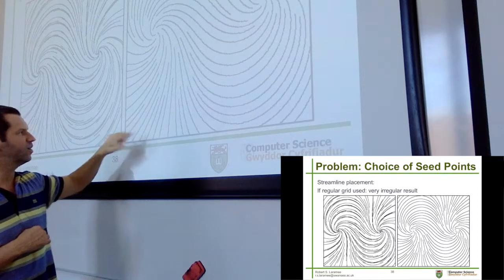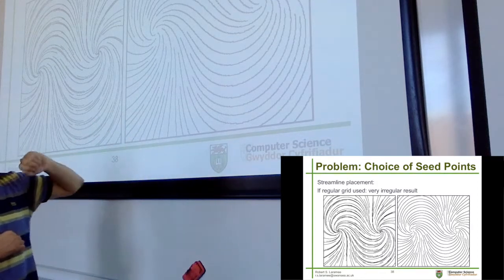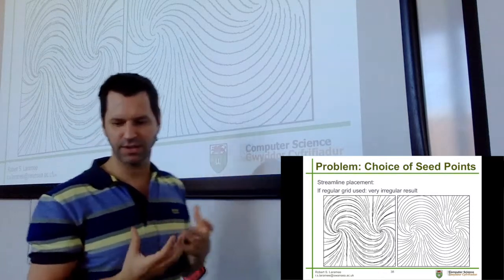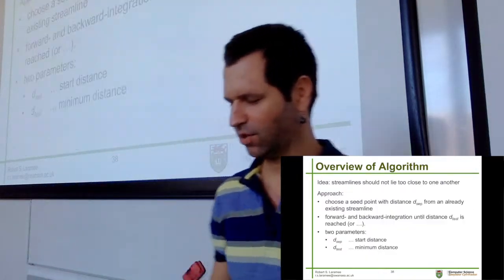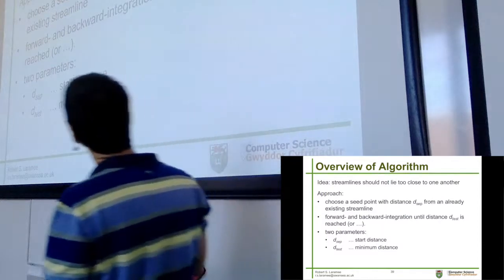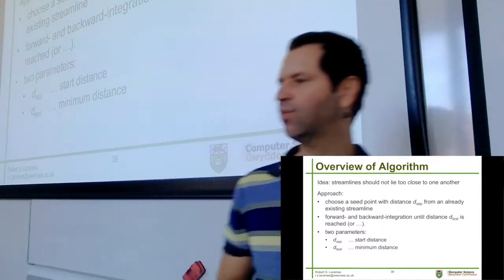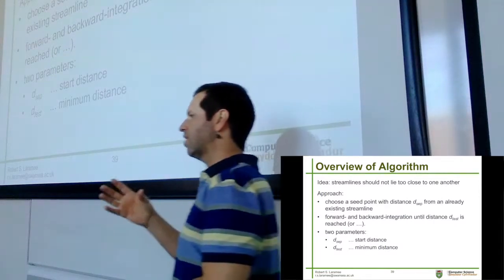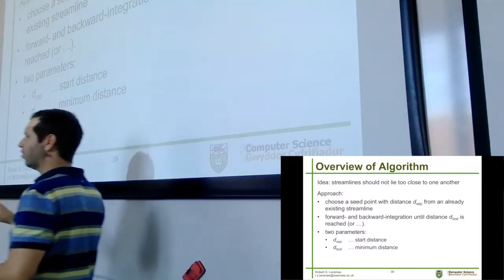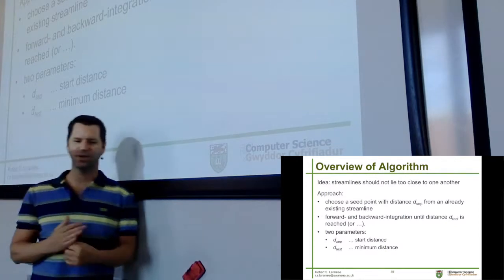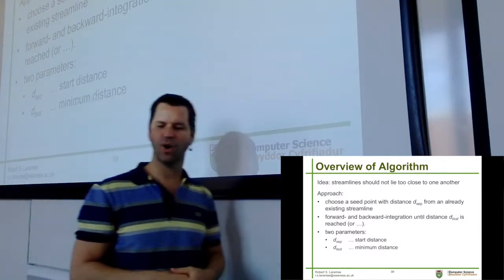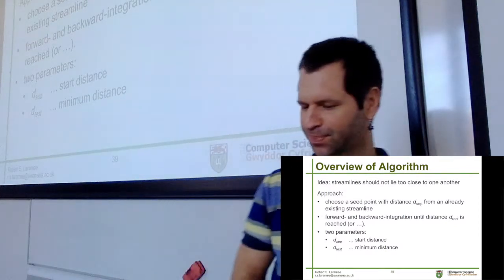I can find my pre-existing and neighboring streamlines. That's kind of the essential characteristic of this. So the idea is that streamlines should not lie too close to one another. That implies that somehow they know about each other and are aware of each other. That's the essential knowledge that we're bringing in.